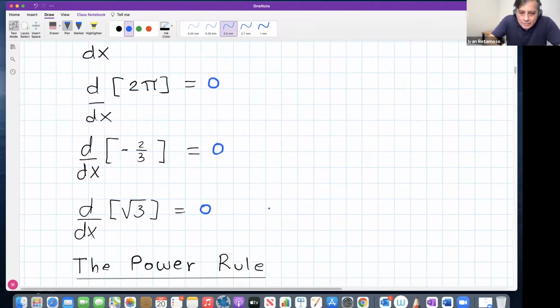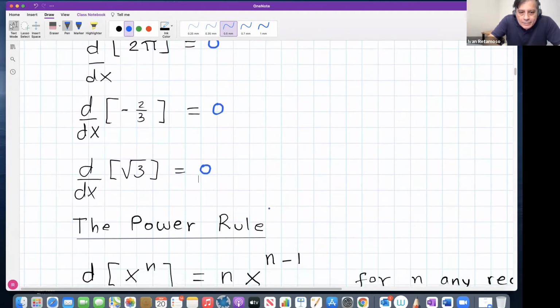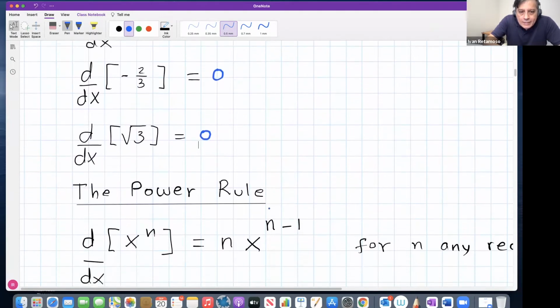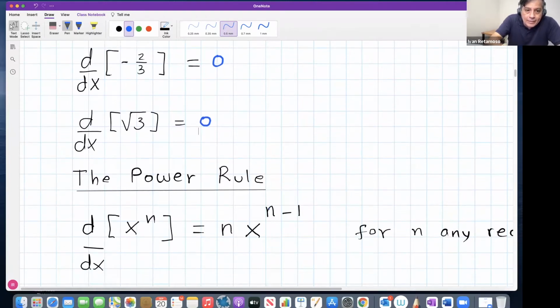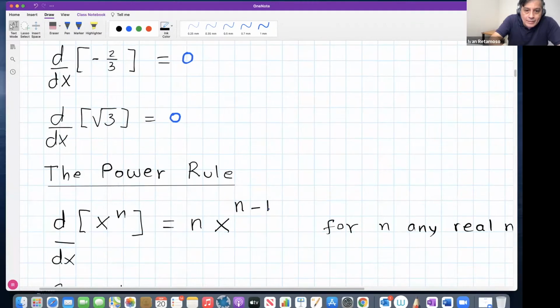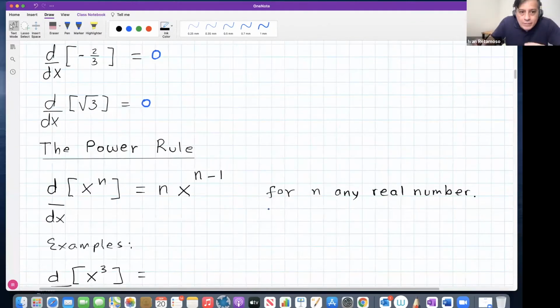That is the first rule. It's called the constant rule. But besides the constant rule, mathematicians came up with the so-called power rule, which is a very powerful rule, because it says that the derivative of x raised to any power n is just n up front, you bring it down, times x raised to 1 less than this, n minus 1.